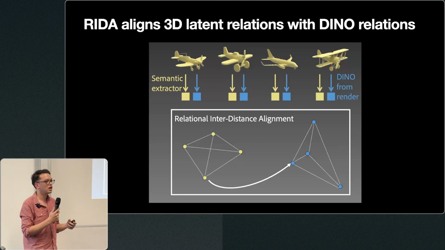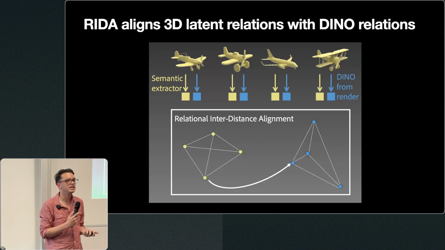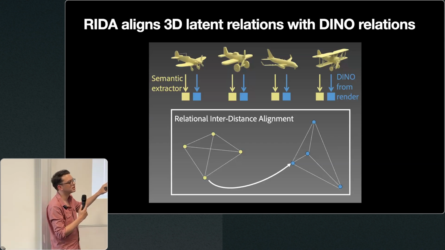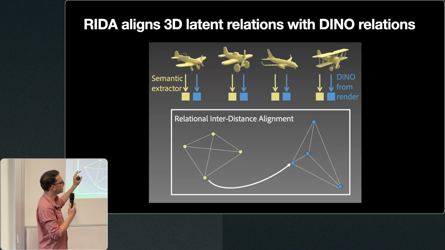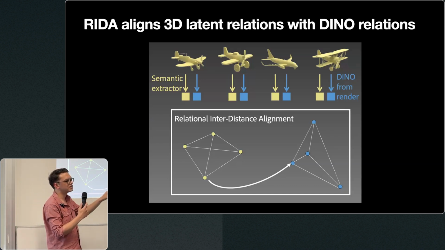So let's zoom out for a bit and think about what we actually need to get a 3D loss. What we realized is that ultimately we need a loss function that says, if we are trying to generate, let's say, planes, okay, this is a plane and this works.